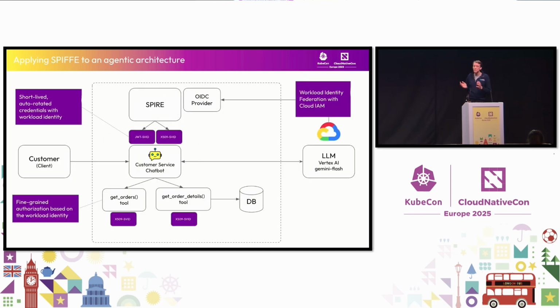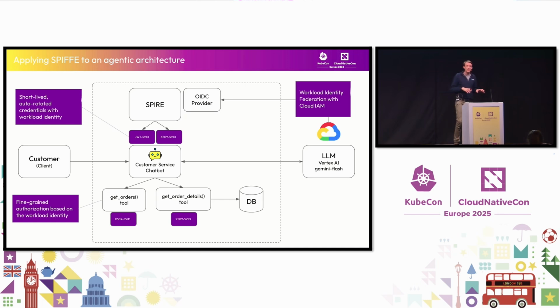So how would you apply SPIFFE to this agentic architecture, right? How would you take SPIFFE and use it in the example that I have? Well, the workload, when you think about it, the agent itself is a workload, right? It is effectively something that is going to run potentially in a Kubernetes cluster. It doesn't have to be, but it is just a workload. And so we can actually start just plugging in SPIFFE here and using it in conjunction with SPIRE, right?